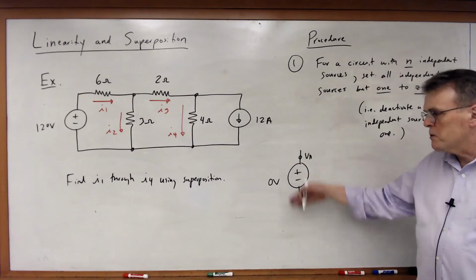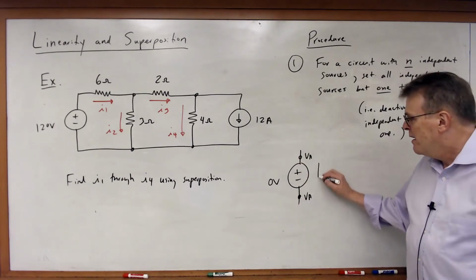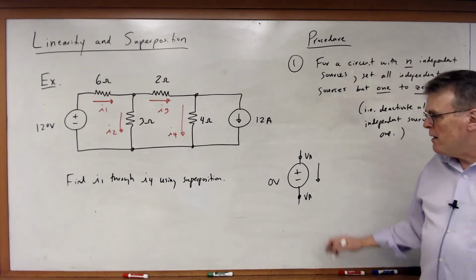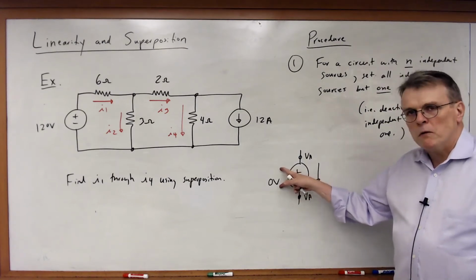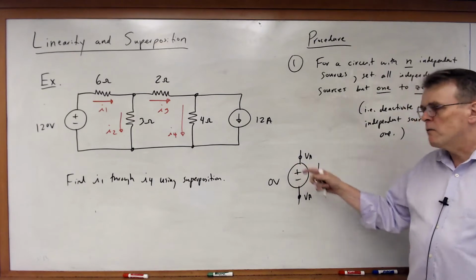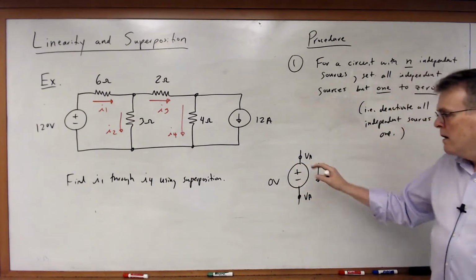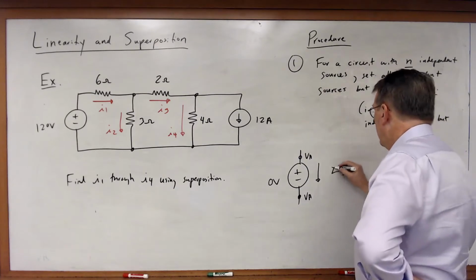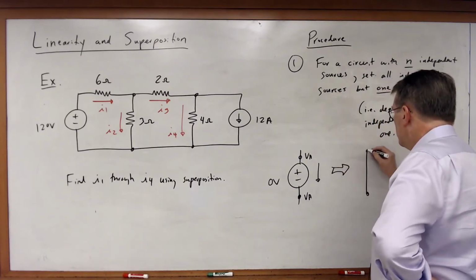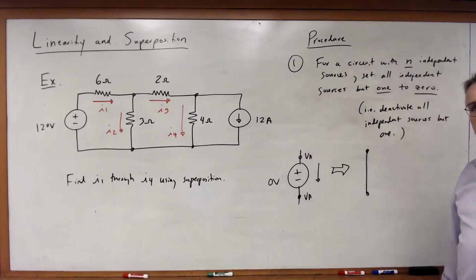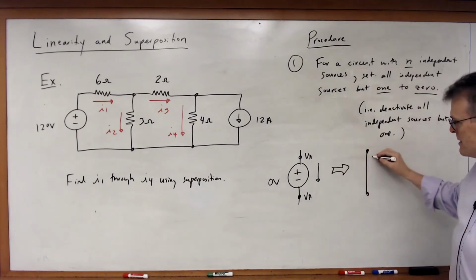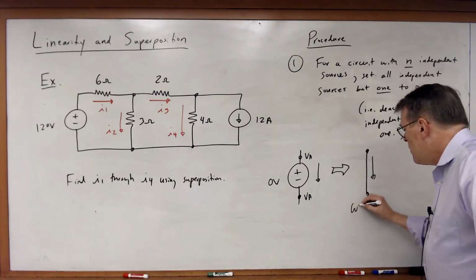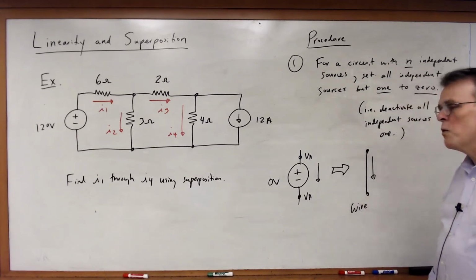So there's no voltage difference across it, but the current can be anything I want. So what do you have when you have a voltage source with 0 volts? Well, it turns out a voltage source with 0 volts is no different than a wire. A 0 volt voltage source is just a wire. It has 0 volts across it, and any current can flow through it you want. So a zeroed source becomes a wire, a short circuit.